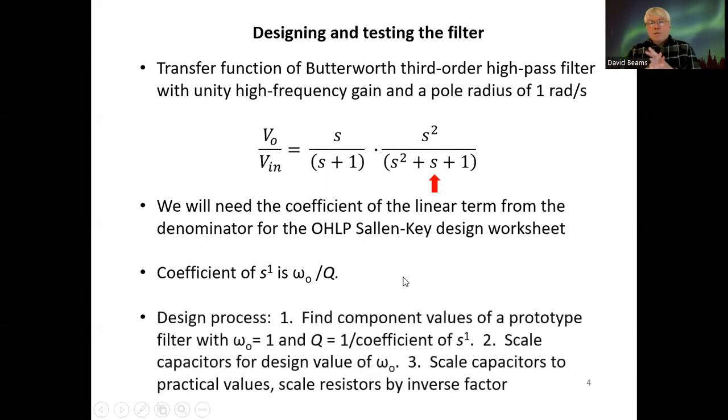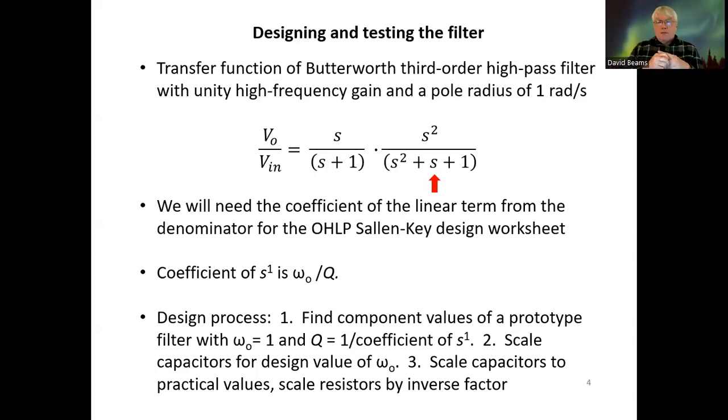The design process is identical to the process that was used in the design of a low-pass filter. First thing we do is find component values of a prototype filter with omega naught of 1 radian per second and with a Q equal to 1 over the coefficient of the linear term of the second order denominator. The second step is to scale the capacitors to change the value of omega naught to the design value.